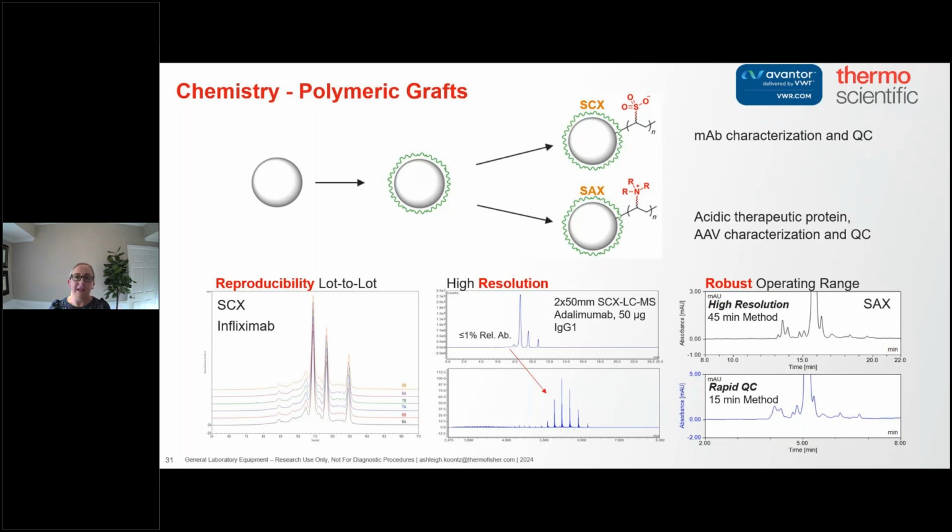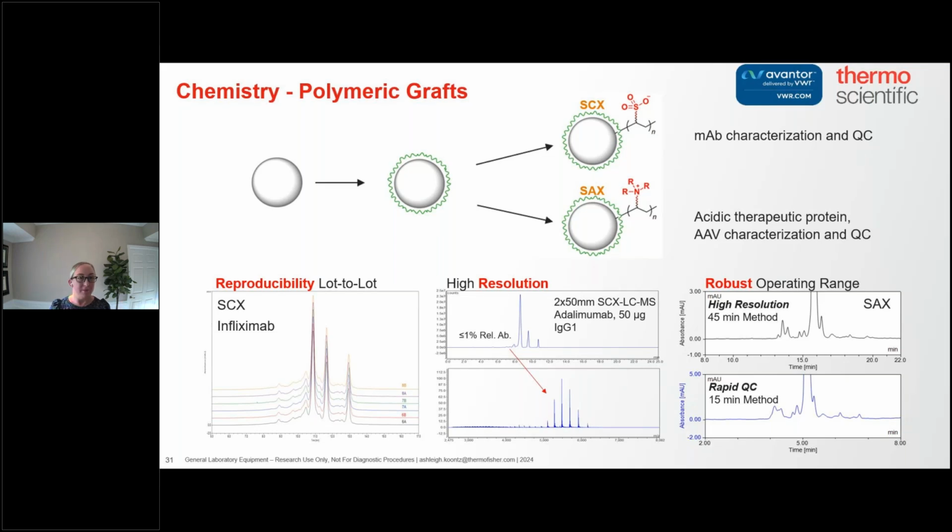And again, just honing in on that reproducibility, resolution, and robustness of the 3R. You have great lot-to-lot reproducibility, as demonstrated here with infliximab, and high resolution, where you can utilize this SCX column with LCMS and get really great resolution of your adalimumab. And then for robust operating range, robustness can be thought about in a couple of different ways.